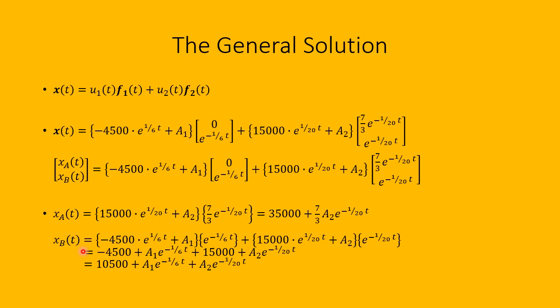Then do some arithmetic and algebra, simplifying and simplifying again, and we finally get that x of b of t is 10,500 plus a1 e to the minus 1/6 t plus a2 e to the minus 1/20th t. So we found the general solution x of a, x of b to the non-homogeneous problem. However, we do have initial conditions given with our initial value problem, and those will allow us to find a1 and a2.